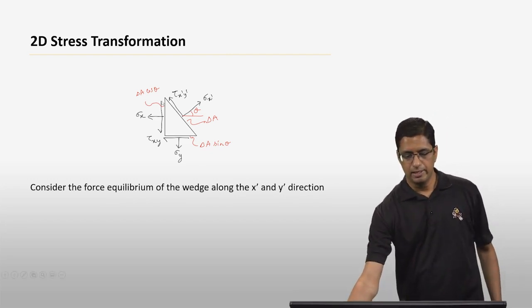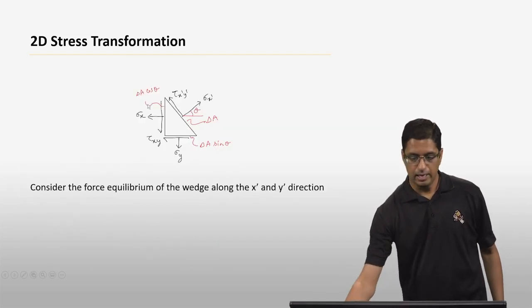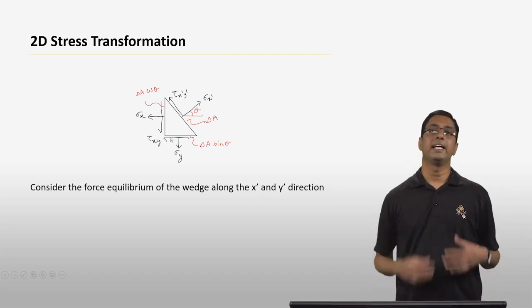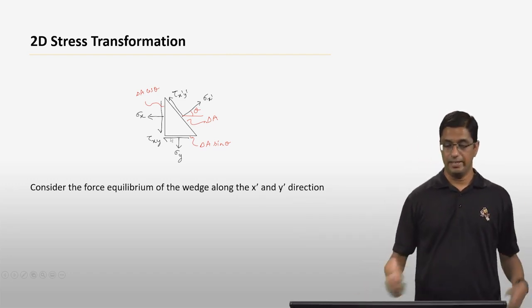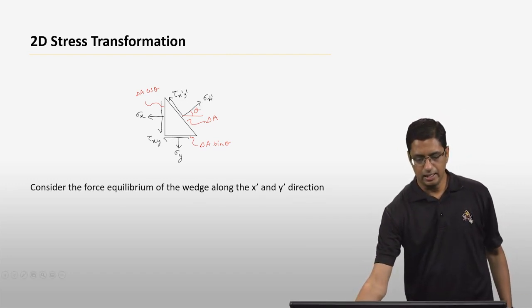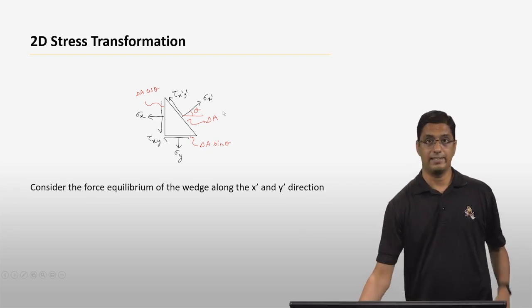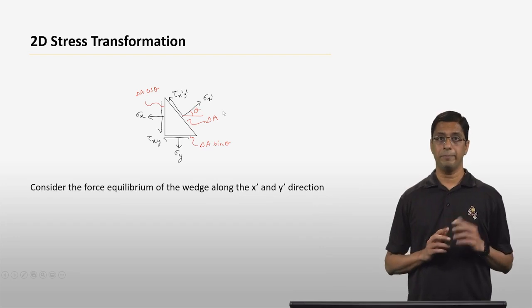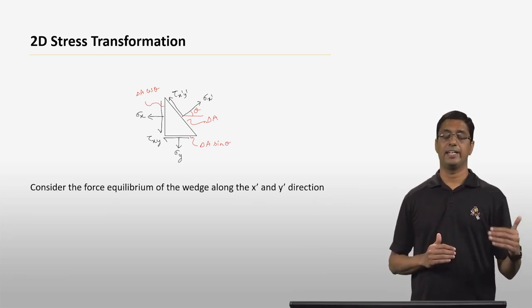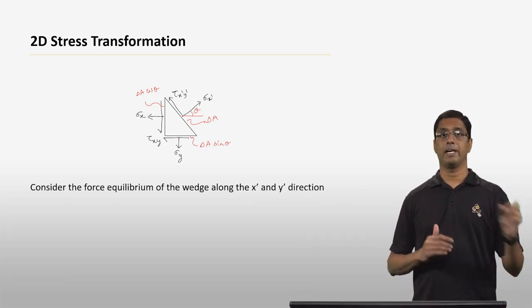If this area is delta A, then the area of the face at the bottom is going to be delta A times sine theta, where theta is the angle between the x prime axis and the old x axis. That is something you must keep in mind: theta is always defined as the angle between x prime and x.